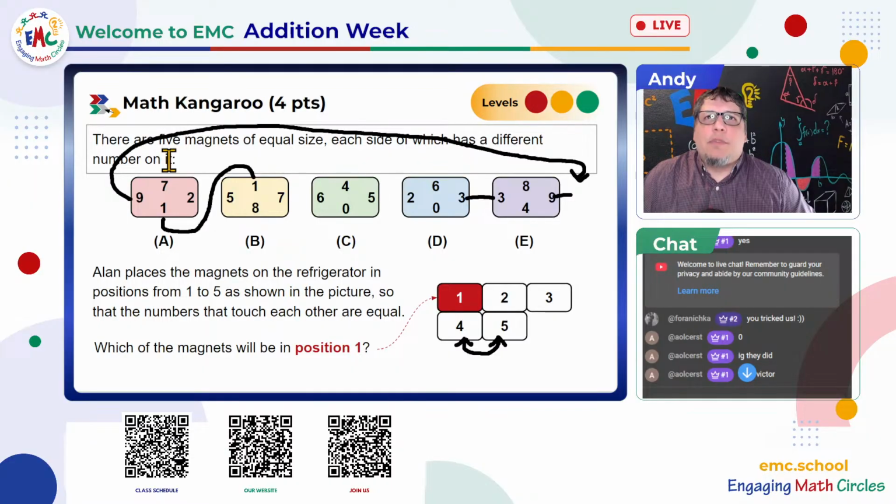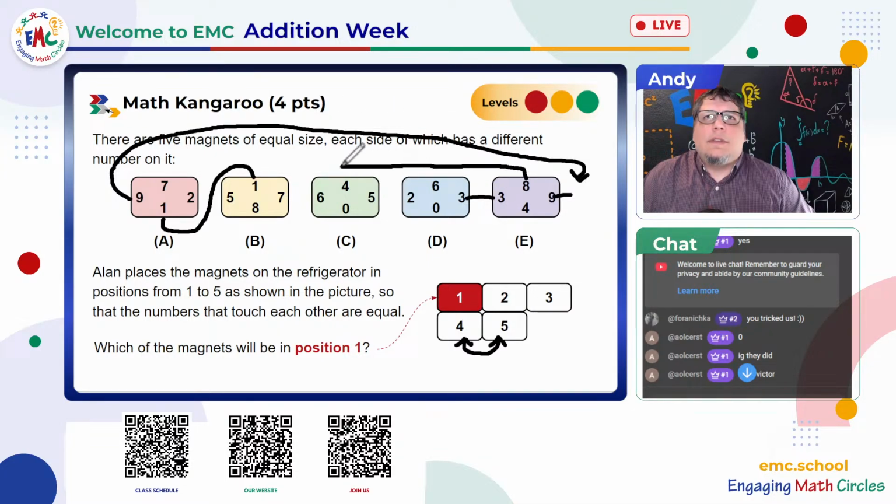What's the other top to bottom connection that we have to make? Top to bottom. Are there any 7s on the bottom? No, I don't see it. Don't see any 7s on the bottom, but I can see 8 on the bottom.